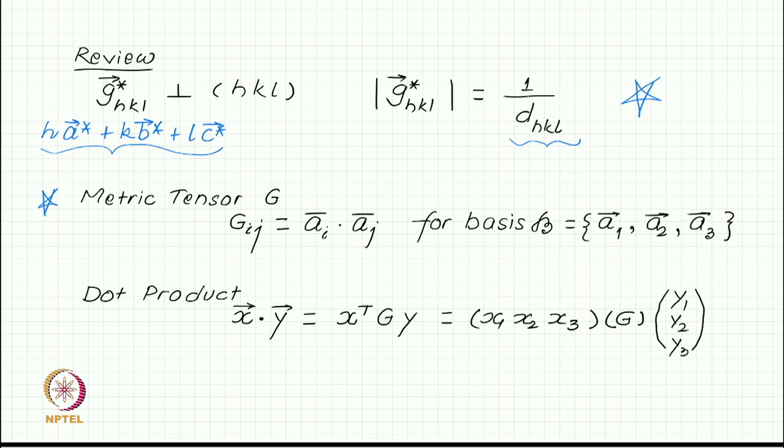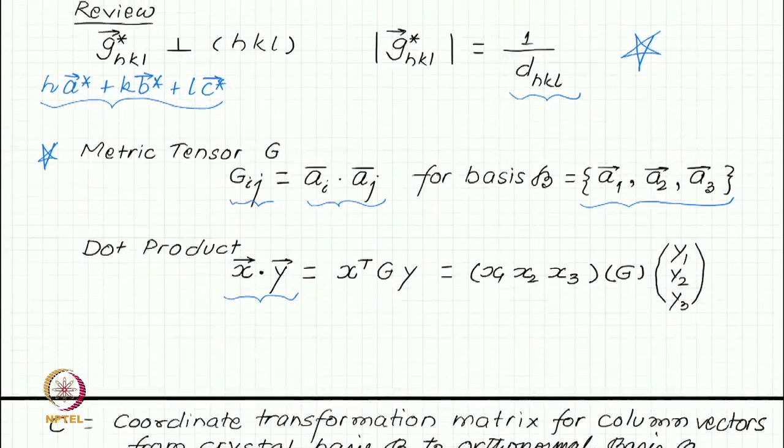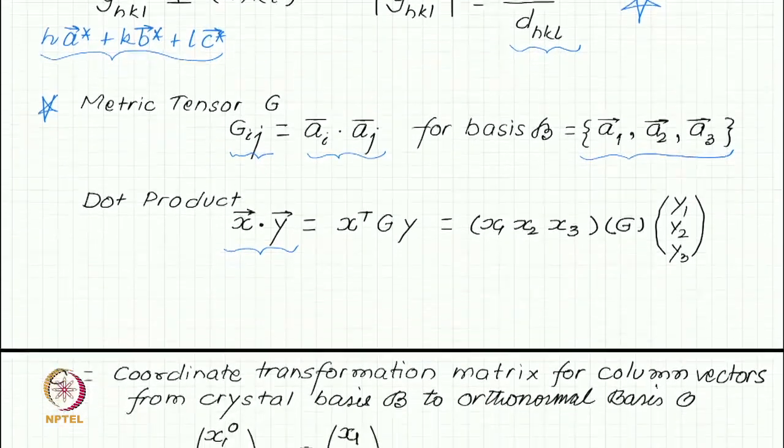So, x dot y becomes x transpose G y, where G is the metric tensor defined by the dot products a i dot a j, where the a i's are the basis vectors of the space. For every basis you will have a corresponding metric tensor, and then you can find the dot product in that basis.